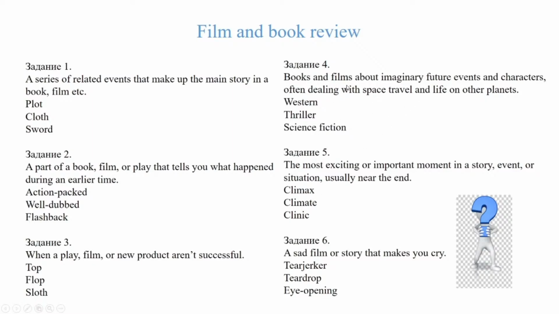Question 4. Books and films about imaginary future events and characters, often dealing with space travel and life on another planet. It's called science fiction. We describe some kinds of genres of films or books as well. But here it's a film. The most exciting or important moment in a story, event, or situation, usually near the end. You remember our mountain, when we come to the top, and it's called climax.